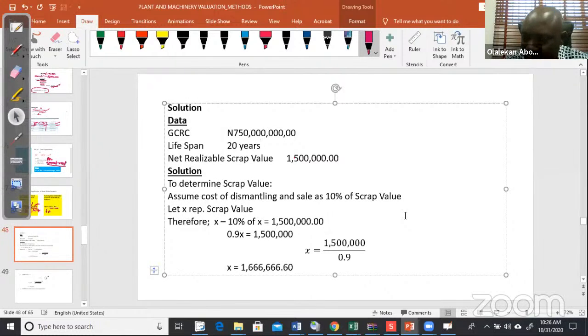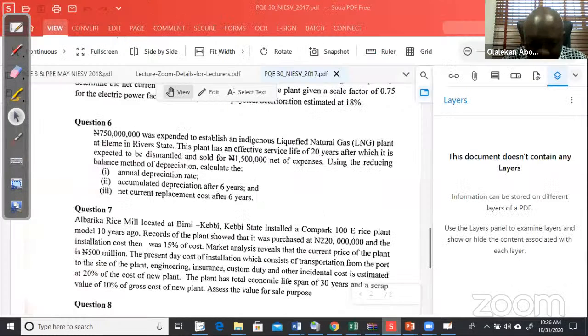Solution. I don't want to waste your time, noble colleagues. I would have said you should try it, but let me explain the area of intricacies. In this question, you are not given scrap value. They said after which it is expected to be dismantled and sold for 1.5 million net of expenses.